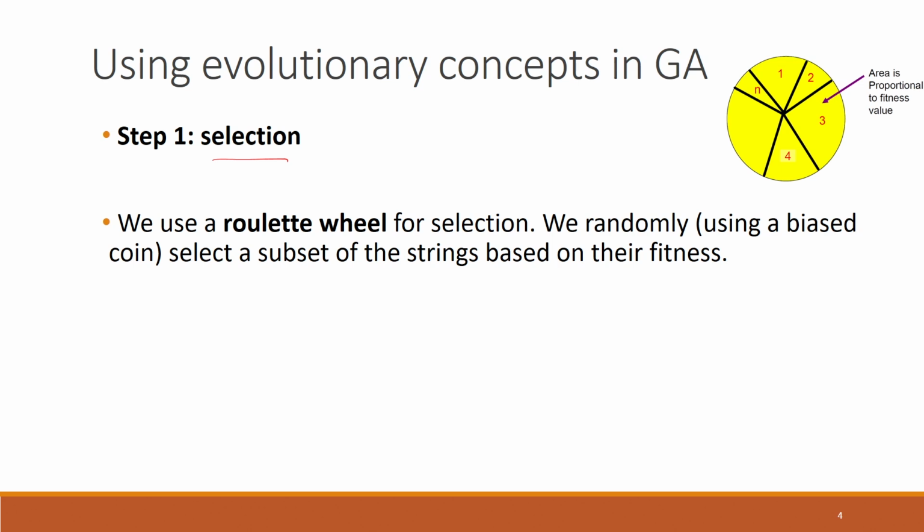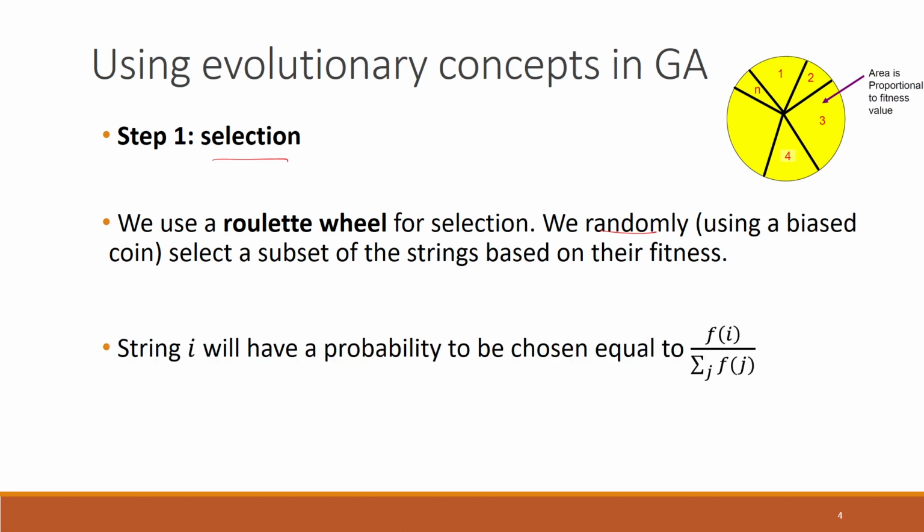What we do here is randomly select a subset of the strings based on their fitness. But when we select them randomly, we are not selecting them uniformly at random. That is, we give a higher likelihood of selection to a string which has higher fitness as compared to a string that has lower fitness.